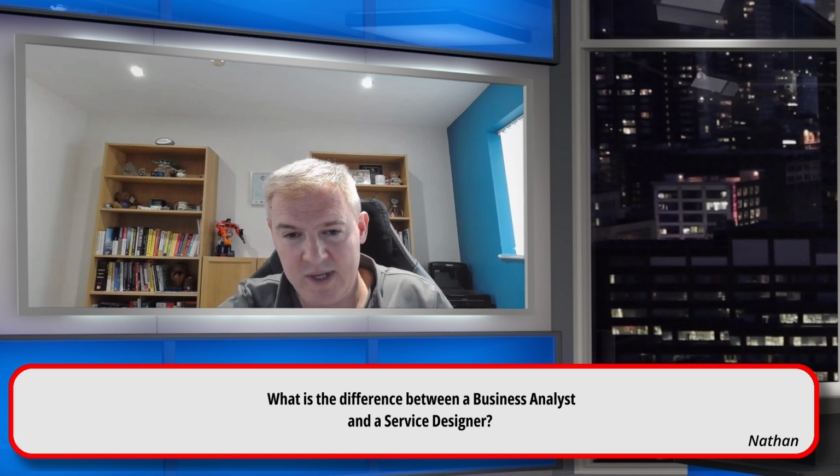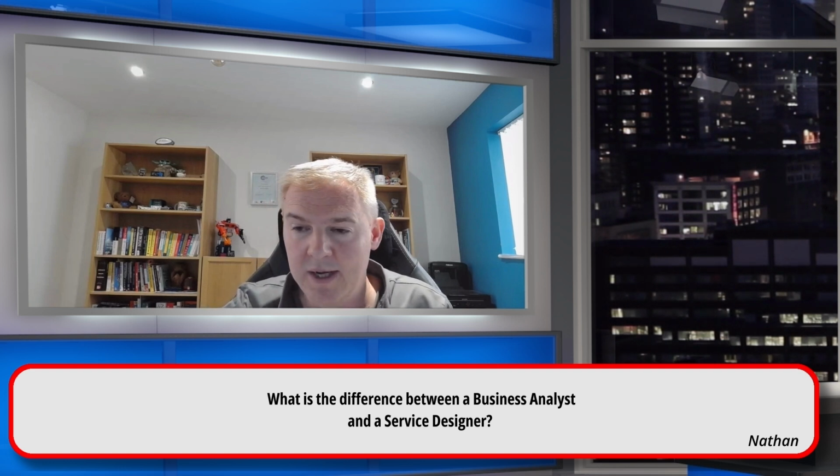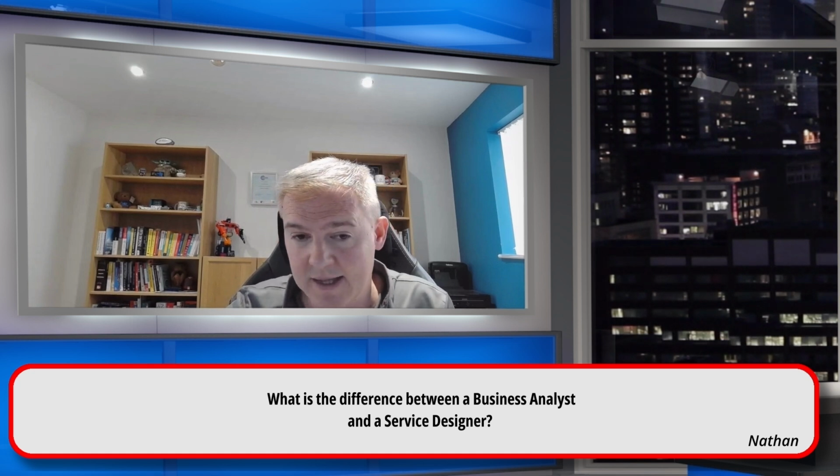And one of the things that I think we should be doing is encouraging collaboration between individuals that perform these roles, because there's a huge amount of overlap in the toolkit, the techniques, as you said there, Joe.